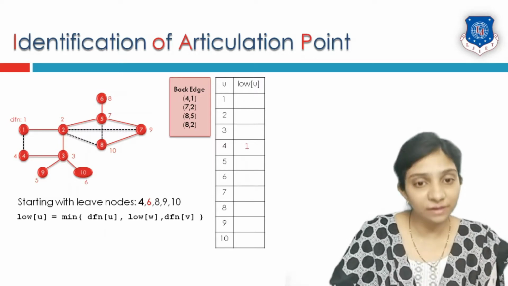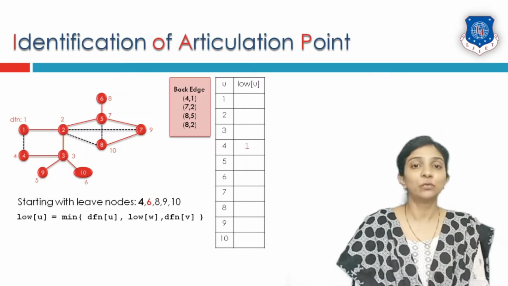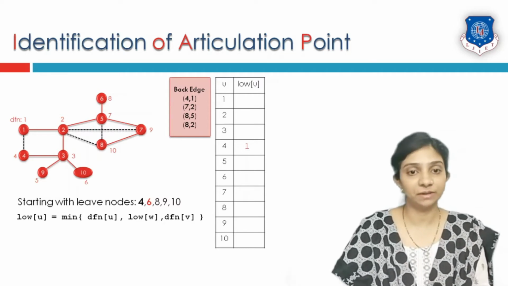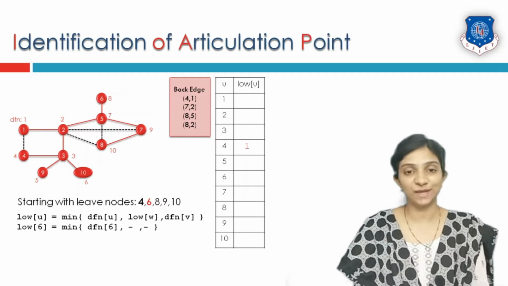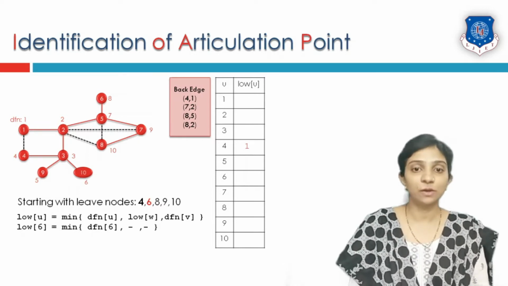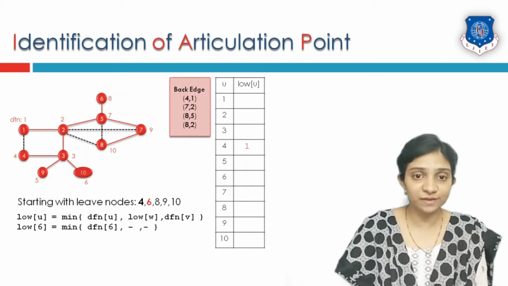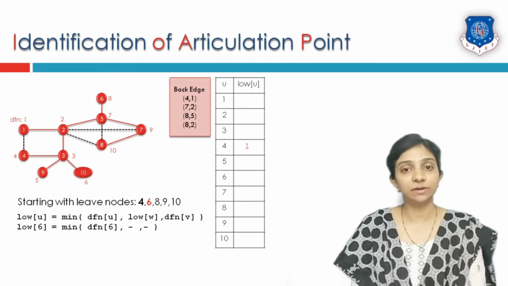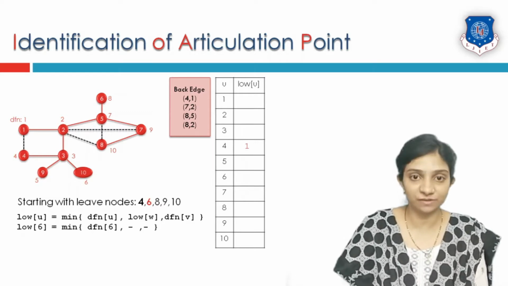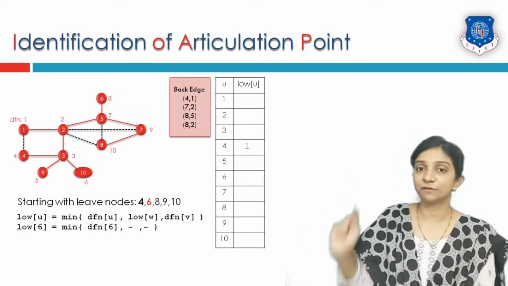Now we will consider another leaf vertex, that is vertex number 6. Again the same formula will be followed. Low of 6 is equal to the minimum of DFN of 6, comma there is no child of 6, that's why dash, and the third component is a back edge which starts at vertex number 6. Now look into the list of back edges.